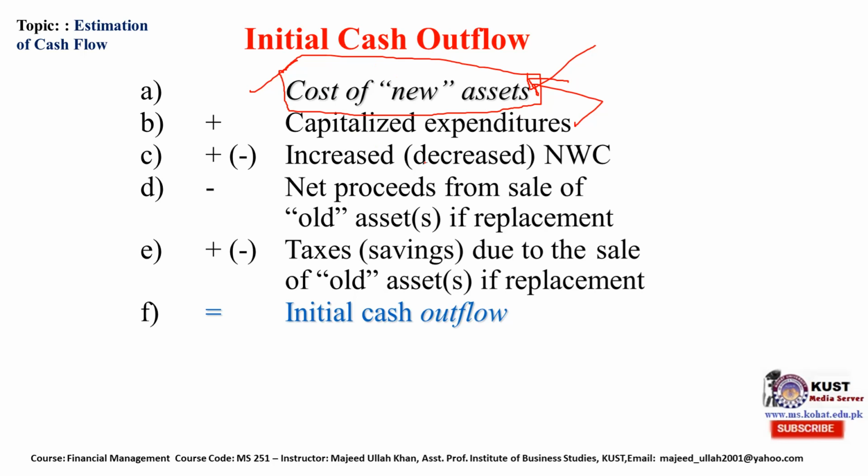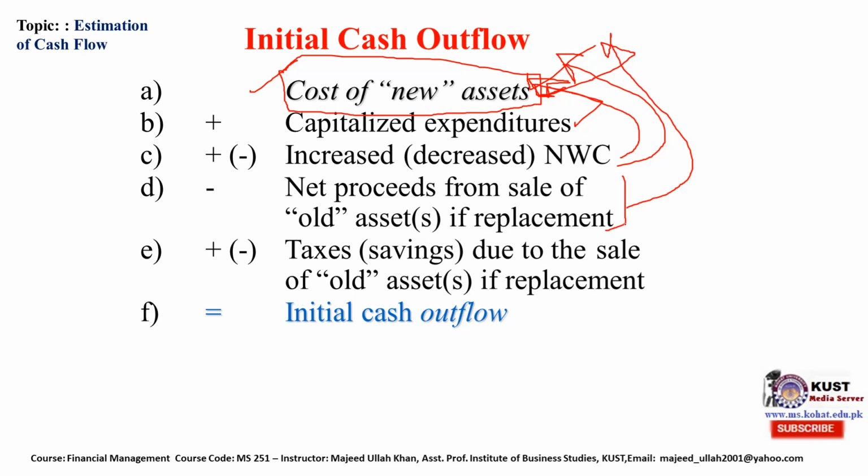Because of this new project, there may be an increase or decrease in net working capital. If it increases, it will be added to the initial cost of the asset. If it decreases, it will be deducted from the cost of the asset. If this asset replaces an old one, any proceeds will be deducted from the cost of the new asset.